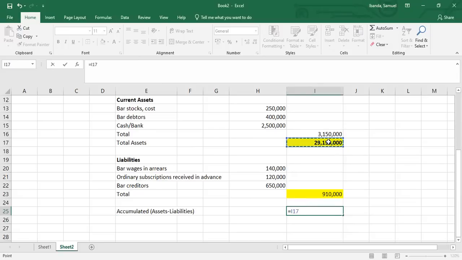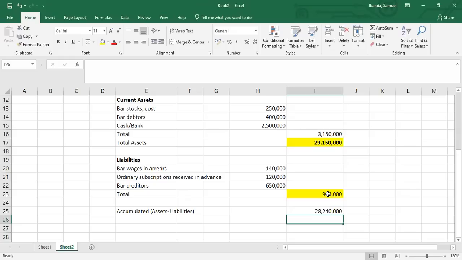It will be 29,150,000 less our 910, which will give us 28,240.